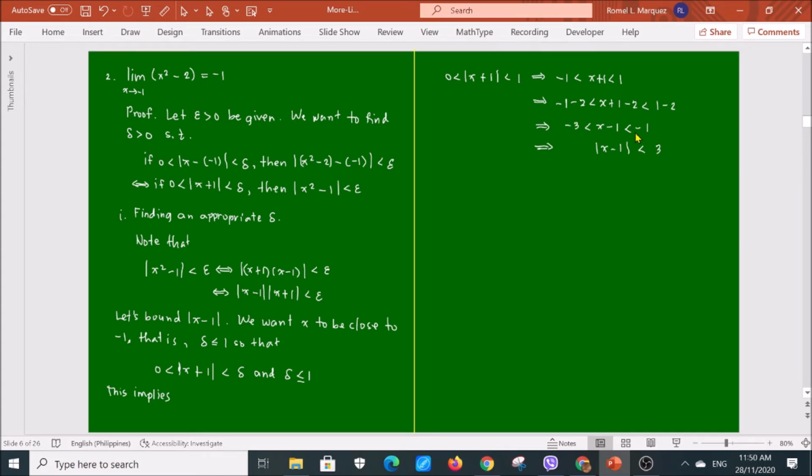I can get this from this inequality if I take the absolute value of this. So, if x minus 1 is greater than negative 3, and I take the absolute value, it becomes less than 3, the absolute value of negative 3.